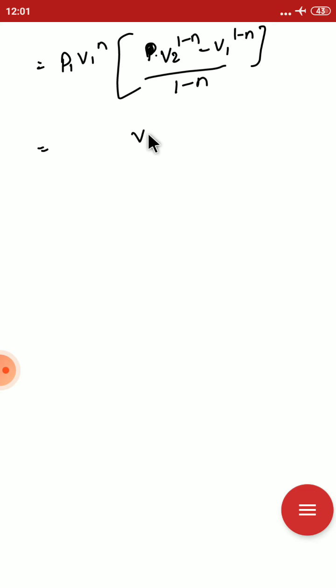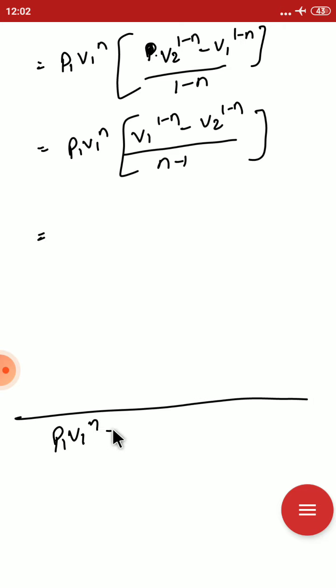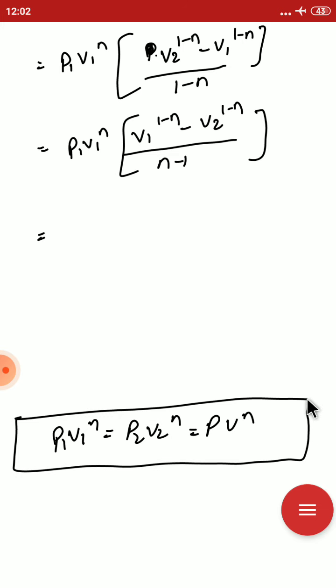We can write this as V1 power 1 minus n minus V2 power 1 minus n, by n minus 1. We know P1 V1 power n can be written as P2 V2 power n, or PV power n. We can use any relation, whichever is comfortable for simplification.